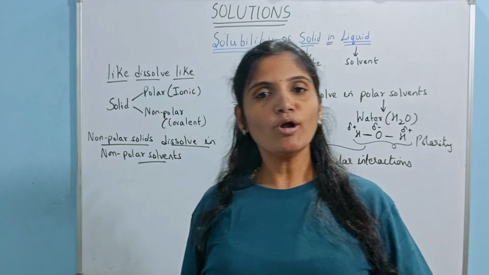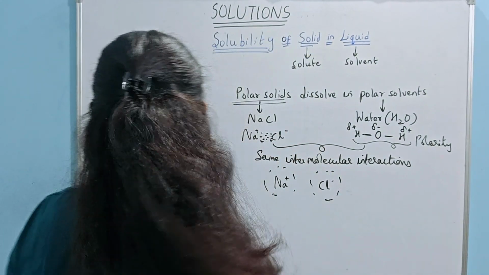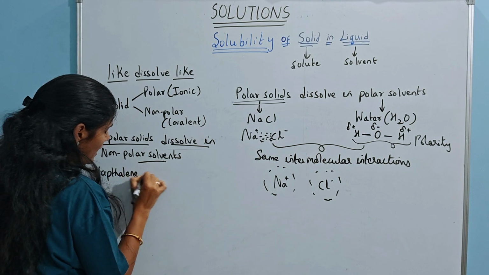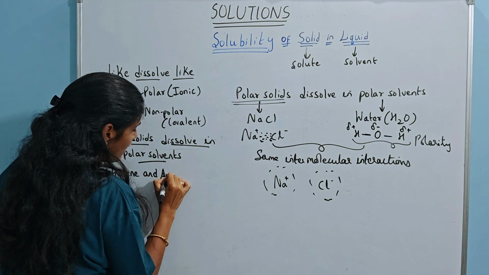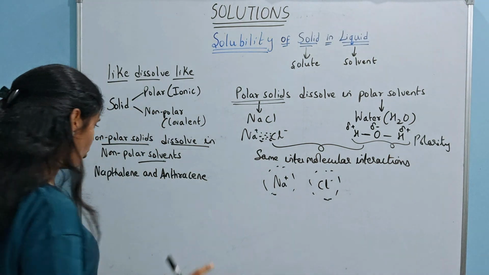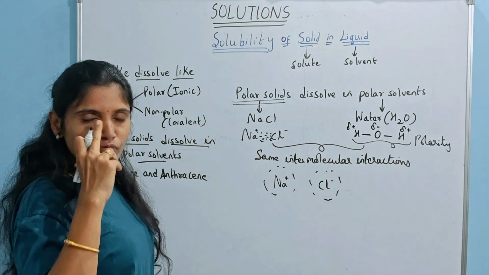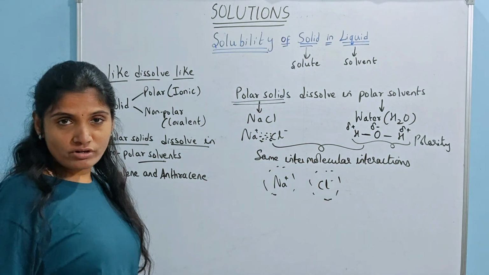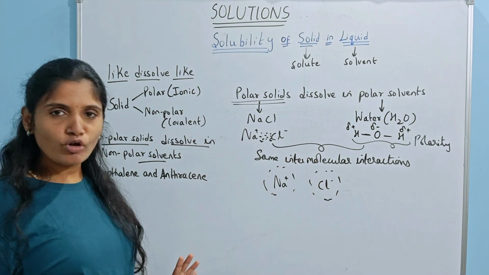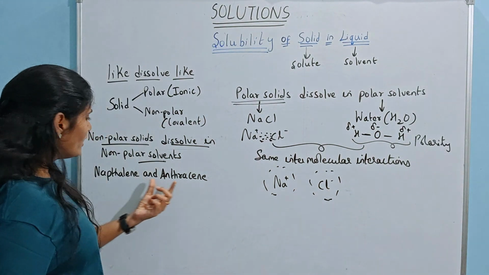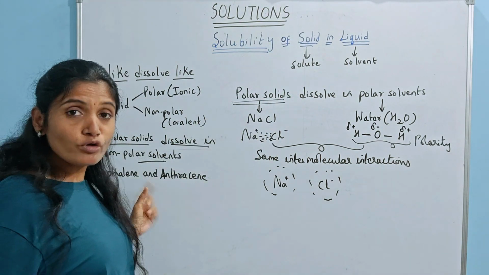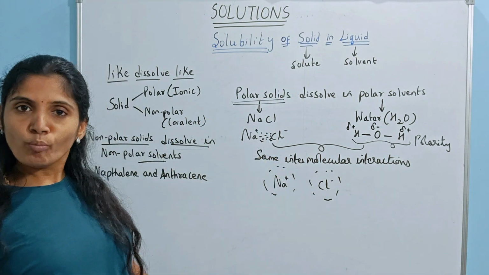When I say naphthalene and anthracene are organic compounds, it means that they are non-polar compounds. If you go into the structure of naphthalene and anthracene, they also have benzene rings. They differ in the number of benzene rings. So I can't expect them to be soluble in water because they are non-polar compounds, so they should be soluble in a non-polar solvent.